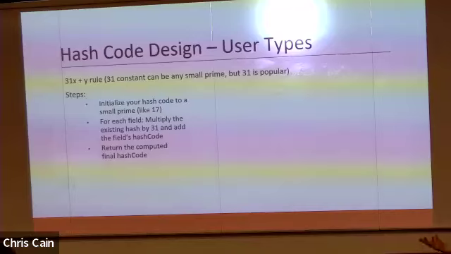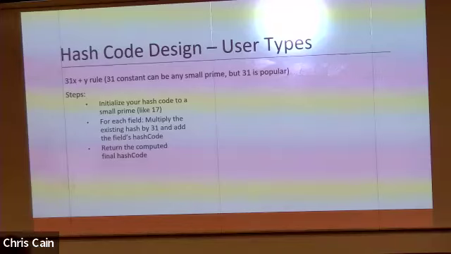We use Horner's method to compute a hash code value for that string. We take the existing hash value that accounts for the integer and the double, multiply it by 31, and add the result that Horner's method gave us for the hash code value of that string. And that gives us a new value. That's the value that we return for the hash code for this object that incorporates every field in that object.